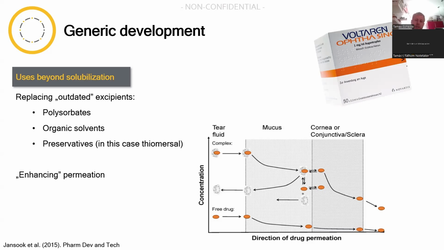And in this case, usually the strategy is that cyclodextrins are used to replace old, outdated excipients of known formulations. So that's how the IP is generated. We replace polysorbates, organic solvents, preservatives, whatever, with cyclodextrins, and have a safer formulation at the end of the day.